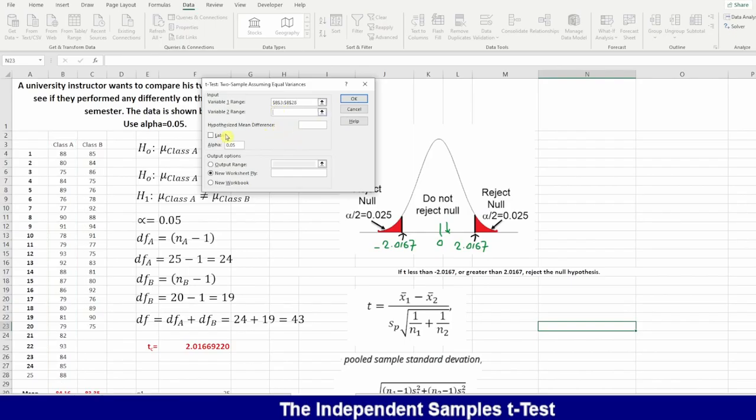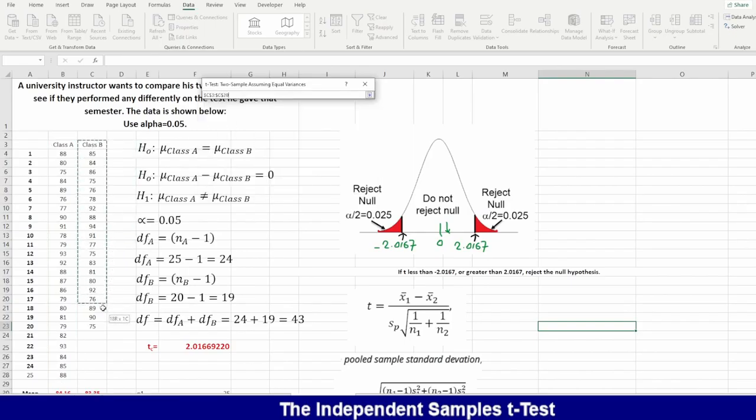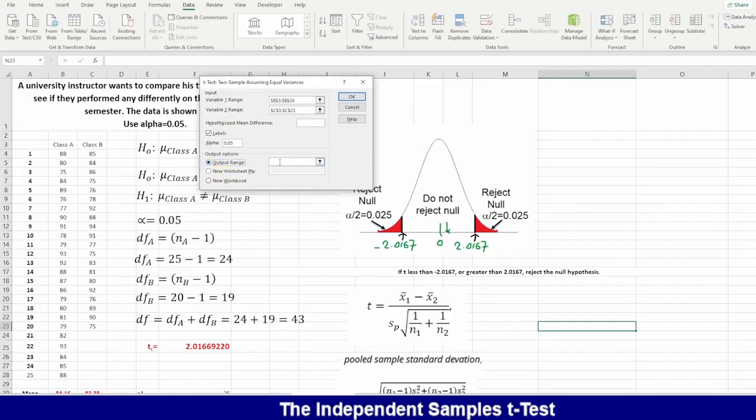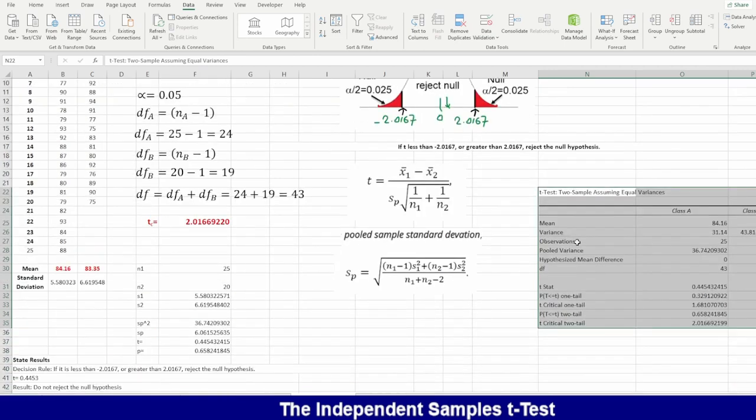Okay, the second one, this one, including the label, and then I check that the first row is a label. And where do you want your output? I am telling it I want my output, let's say here. And okay, you see, it calculates for me all this data that I need.